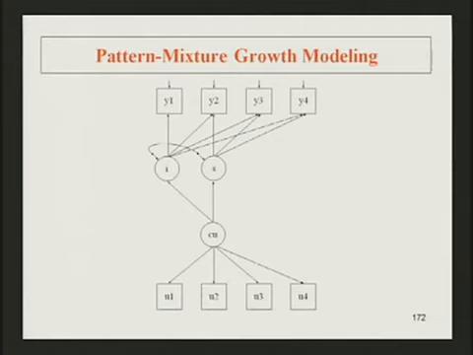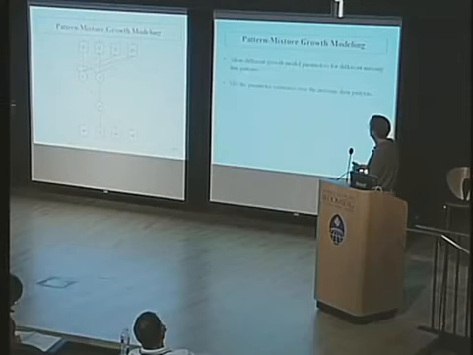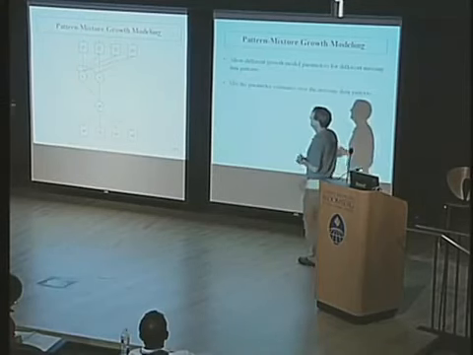So these U variables are binary, and yesterday afternoon we looked at response patterns for binary outcomes, and we said that there were in principle 2 times 2 times 2 times 2, 16 different patterns. Those are the missing data patterns that we're looking at here. So you can then allow different growth model parameters for different missing data patterns in the pattern mixture modeling.